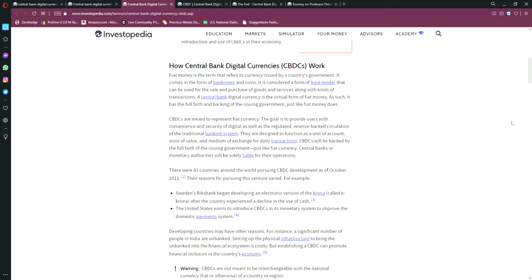As such, it has the full faith and backing of the issuing government, just like fiat currency does. CBDCs are meant to represent fiat currency. The goal is to provide users with convenience and security of digital, wow, that's not a well-structured sentence, as well as the regulated reserve-backed circulation of the traditional banking system.